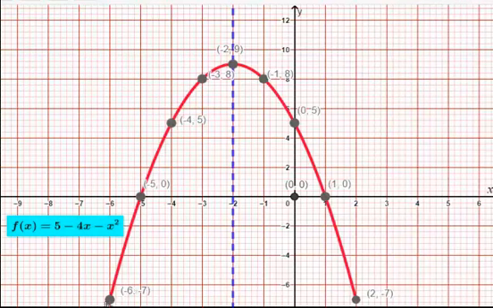So for the left hand side, let's look at the values of x. The first point is this one. So we can see that the x values, this is -6. It increased to -5, it increased to -4, it increased to -3, and then -2.